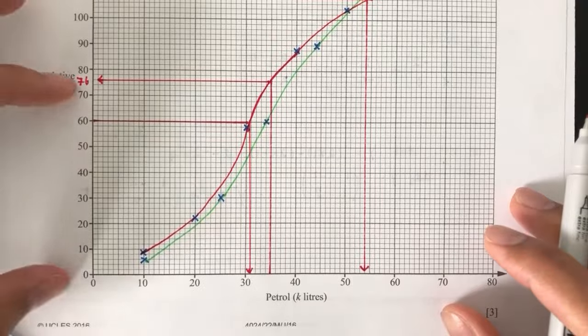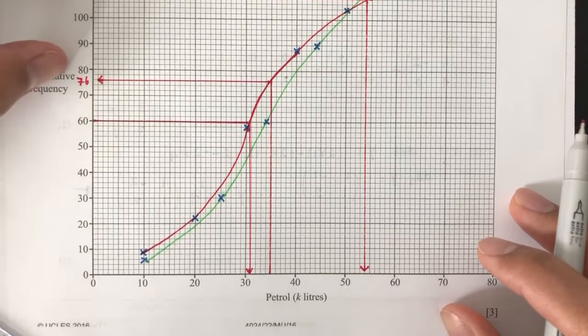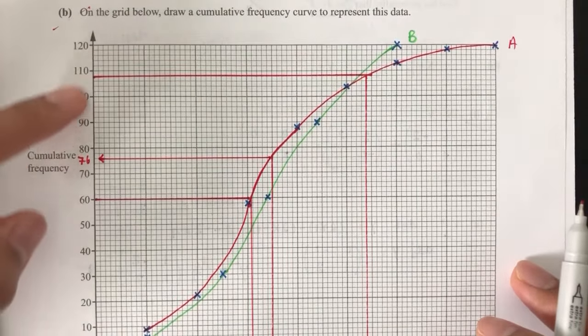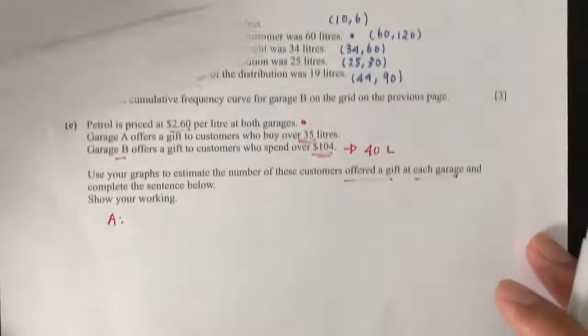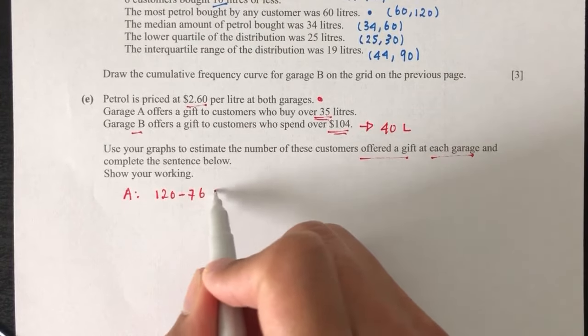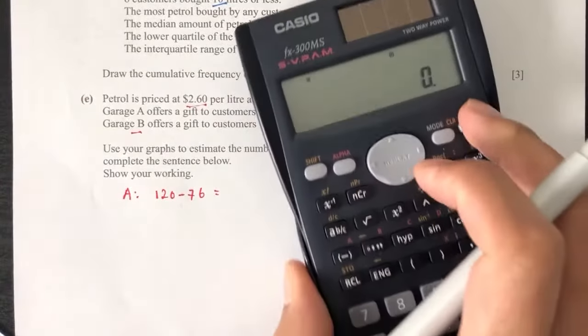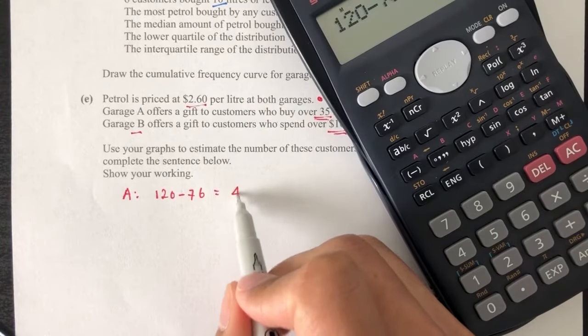So this many people bought less than 35 and the rest bought more than 35, so this will be 120 minus 76. So for A, 120 minus 76 will be the number of people who bought more than 35. That will be 44 people.